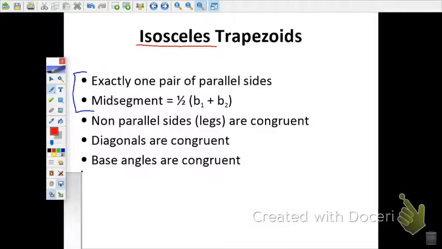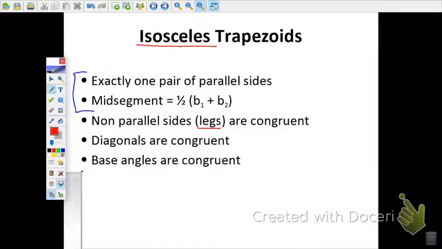So if it's an isosceles trapezoid, the non-parallel sides, which we call the legs, are congruent. So that's where that word isosceles comes in, because we have those two sides that are congruent, the same length. The sides that are not parallel. In isosceles trapezoids, we know that our diagonals are congruent.